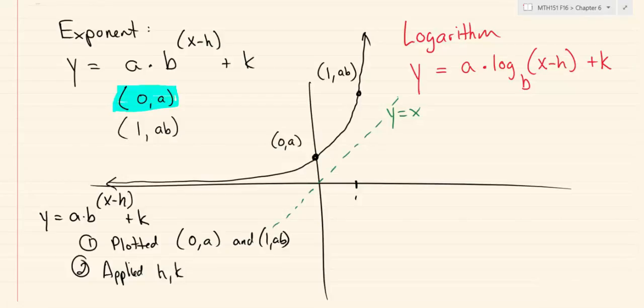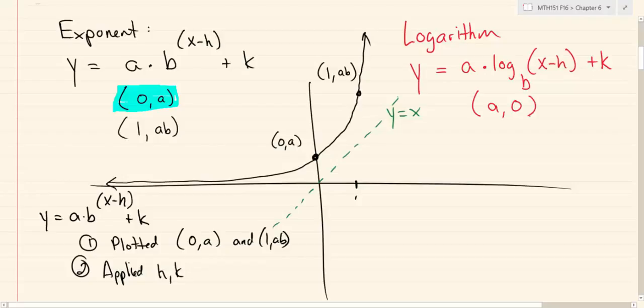So if that's the first point that we graph on the exponential, what's the first point that we graph for the log? (a, 0). So we're going to plot a comma 0. So we're going to call this point (a, 0). The second point that we plotted with the exponential function was (1, ab).